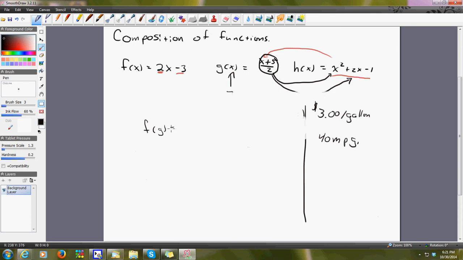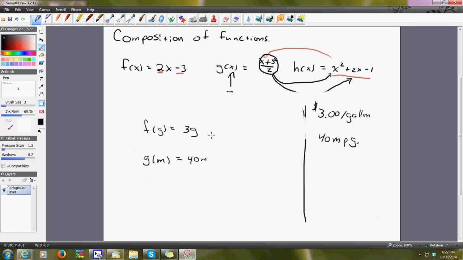f of g equals 3g, and that will represent the cost of fuel. And then g, I don't want to say g of g, but we'll say g of m equals 40m.